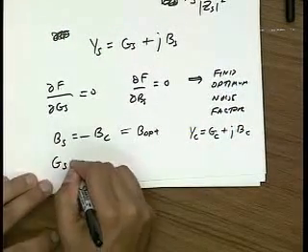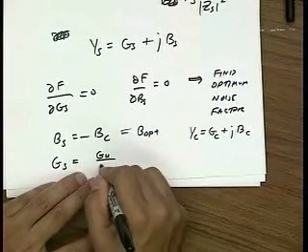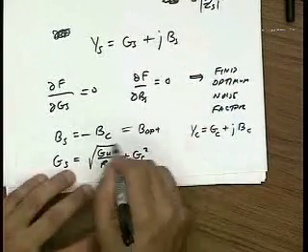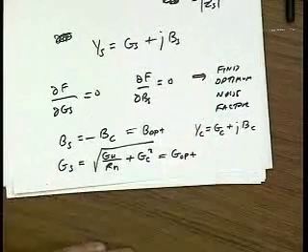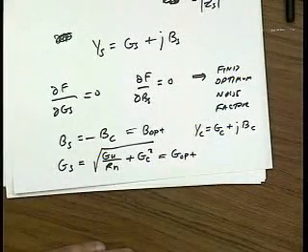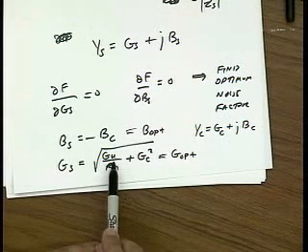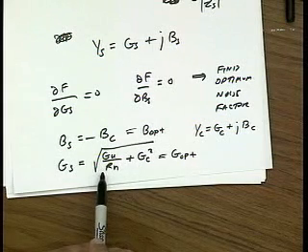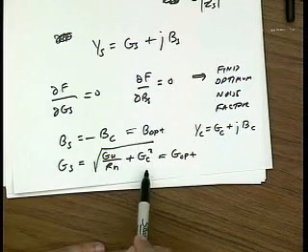And we find that the optimum value of Gs is the square root of Gu over Rn plus Gc squared. And if you look back to your lecture notes, you'll remember that last lecture we found that the optimum conductance was the square root of Gu, Gn we called it last lecture, over Rn. And you see this expression actually matches for Gc equal to 0.